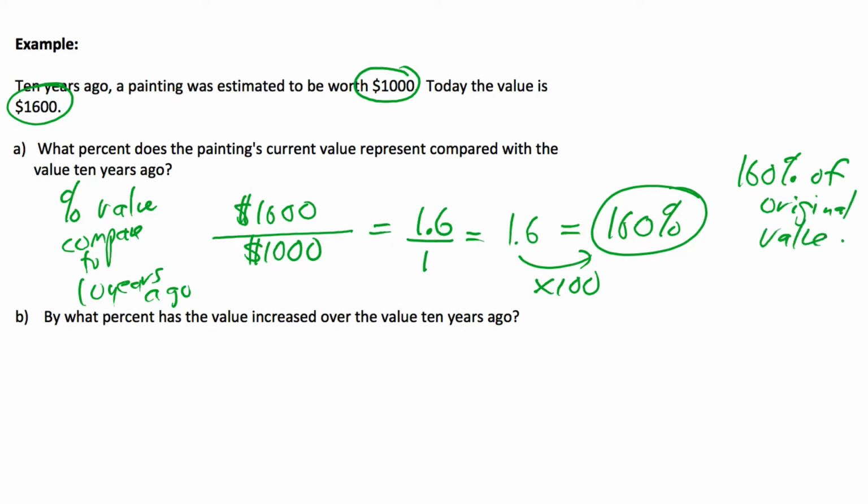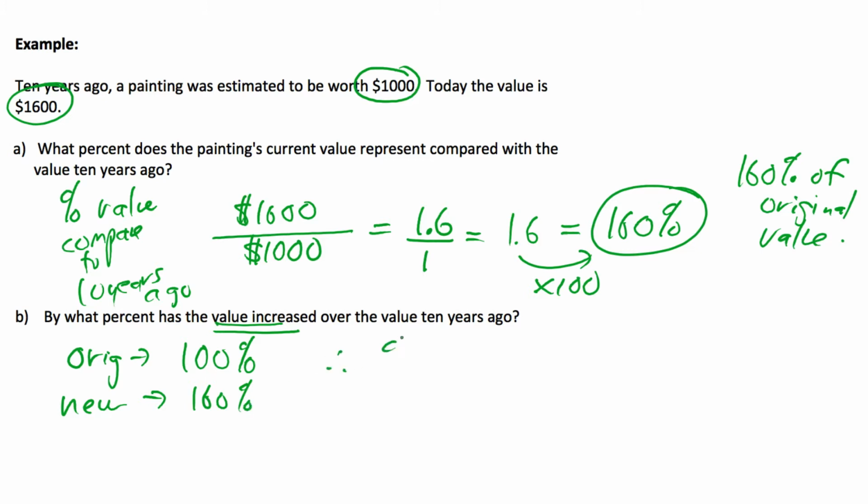And you'll notice my question asked me the percent of the painting's value compared with 10 years ago. But in part B, we're being asked by what percent has the value increased. Remembering that the original value is the 100%, the new percentage is 160%.